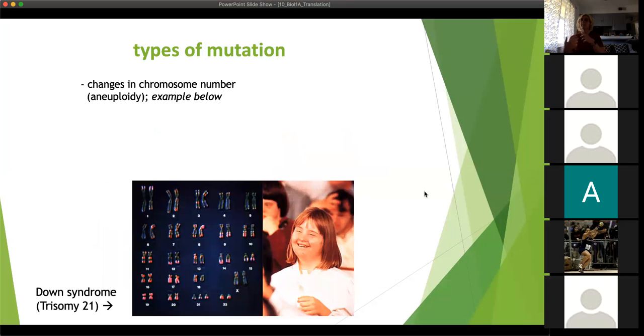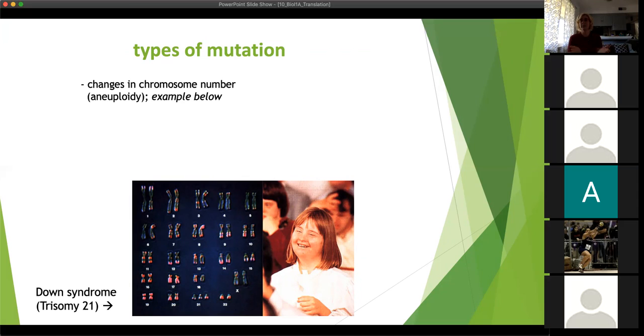And there are lots of different kinds of mutation. Some of the more dramatic types of mutation can include changes in chromosome number. We call that aneuploidy. We'll talk more about chromosomes and how chromosomes are inherited a little bit later in the term, but just very briefly, human cells, with the exception of gametes, should contain 46 chromosomes.